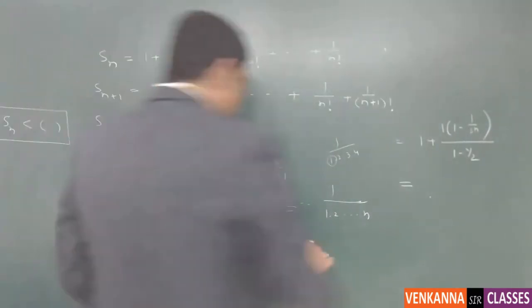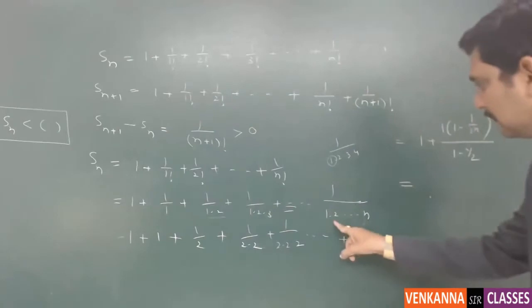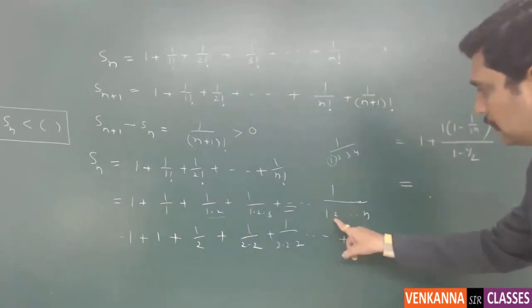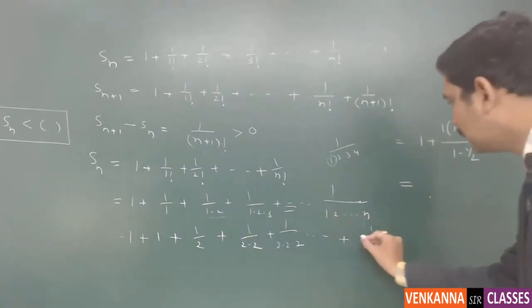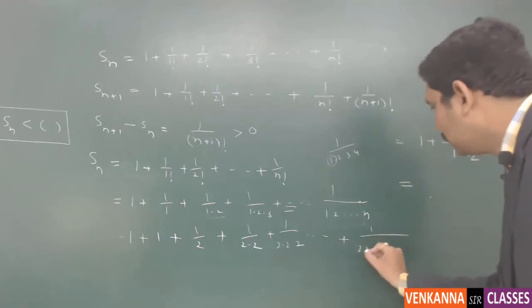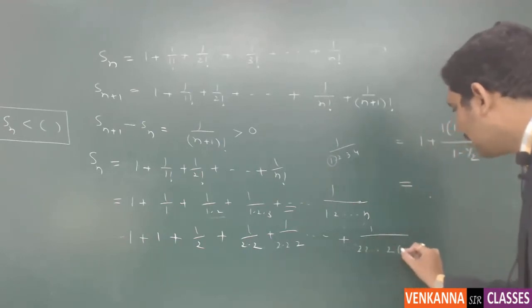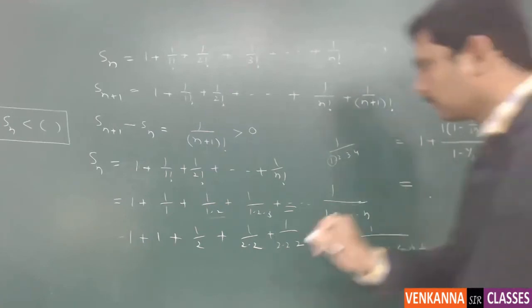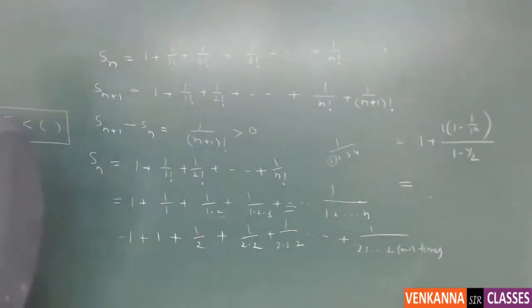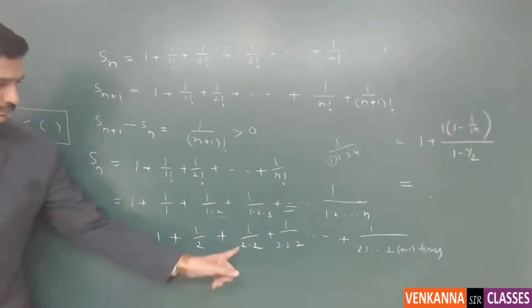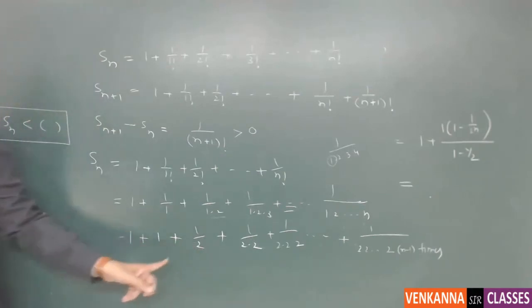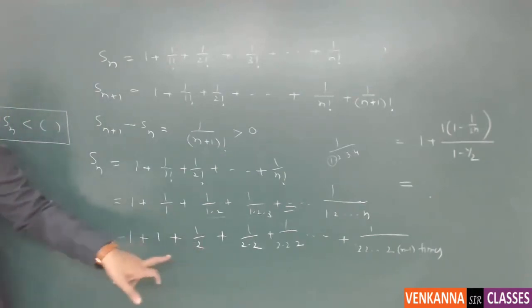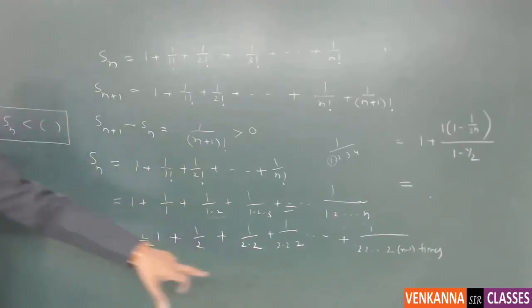So on, if you go to the last one, neglecting this one, you have n minus 1 digits here. So 1 by 2 into so on, 2, n minus 1 times it will come. So by taking these values, you can take 2 as common, and the rest of it is a geometric progression.